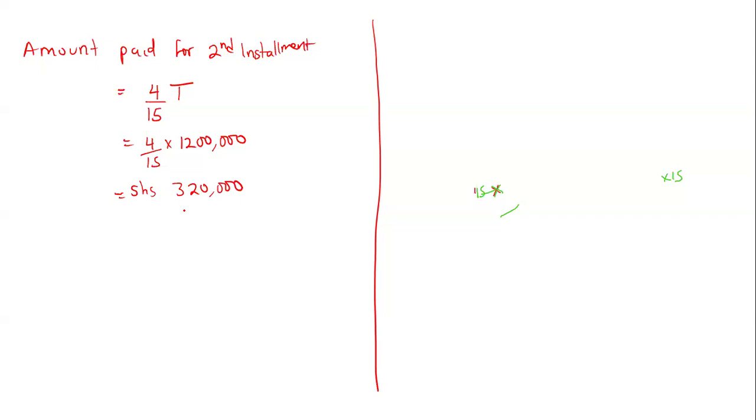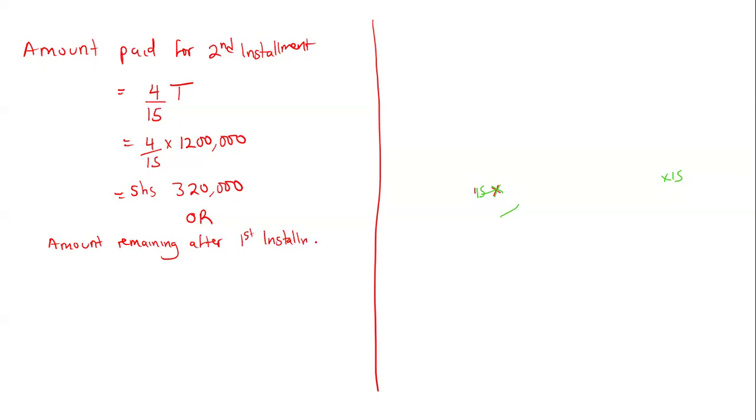Another person could as well use the other approach, but this is one of the approaches you could use. Or someone could get how much money is remaining after the parent has paid the 720,000. Then after obtaining that amount, you could use, alternatively, the amount remaining after the first installment.